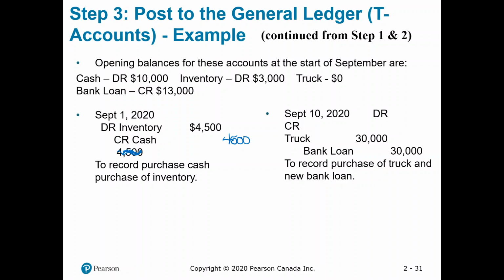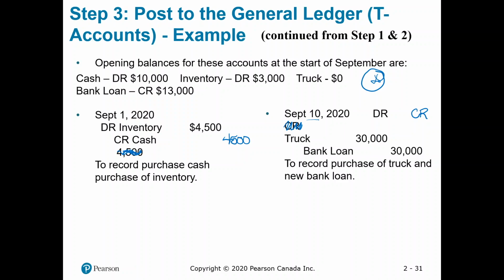We had a debit to inventory, a credit to cash, and in the journal entry on the 10th, sorry, poor spacing again, we debited the truck when we bought it, and we credited the bank loan payable for $30,000, which was that new amount. And up here, I've also given you guys opening balances that we'll use. So a T account will have an opening balance. It will go through all of the transactions, and then we'll calculate an ending balance.